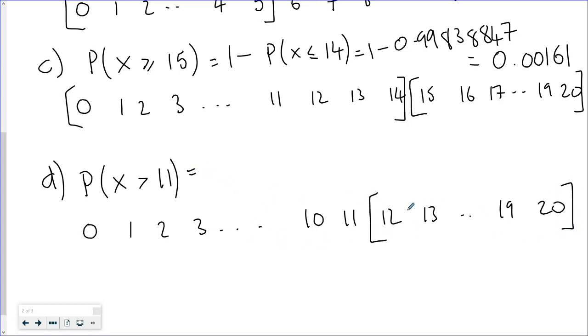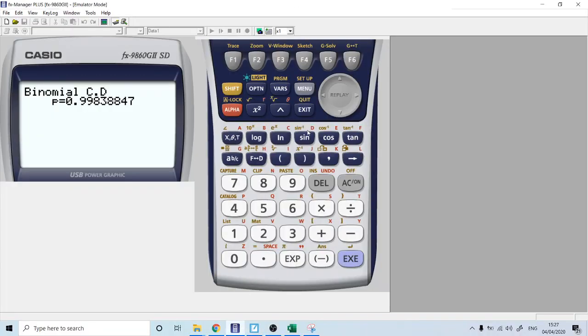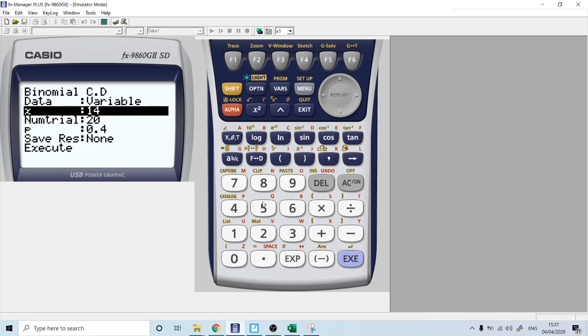So our calculators can't do that because our calculators can only add up probabilities starting at 0. So here we're actually going to do 1 minus the probabilities here because remember all the probabilities add up to 1. So if I do 1 minus the probability of x being less than or equal to 11, I'll be left with the probability in this region here. So I'm going to do 1 minus, and I just need to go on the calculator and put in the maximum value as 11.